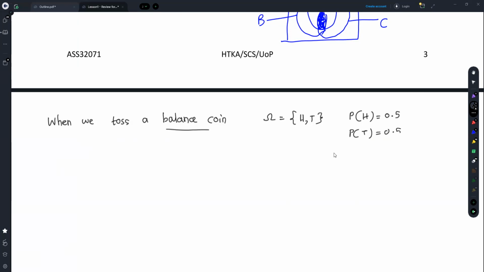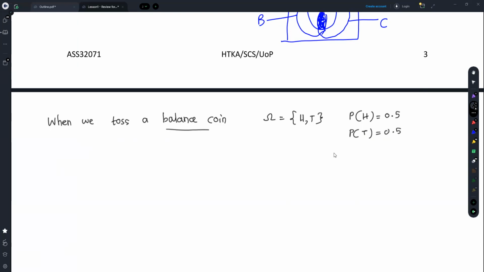That means the total probability 1 is divided equally among all possible outcomes. There are 2 outcomes, so 1 divided by 2, one half to H, one half to T. So you have 50-50, or 0.5, or 1 over 2. So this is when you have a balanced coin. All outcomes have an equal chance of getting selected.